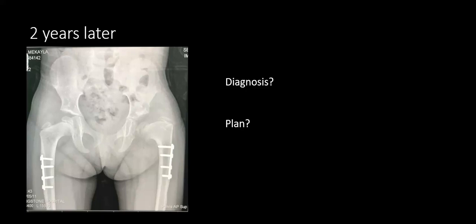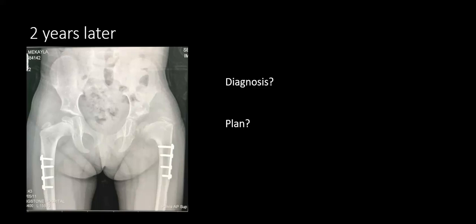Okay, so 2 years later, the hips are reduced, but I can see signs of what looks like AVN. I'm sorry, the picture's not projecting very well on my PC here. It also seems to bilaterally have coxa.